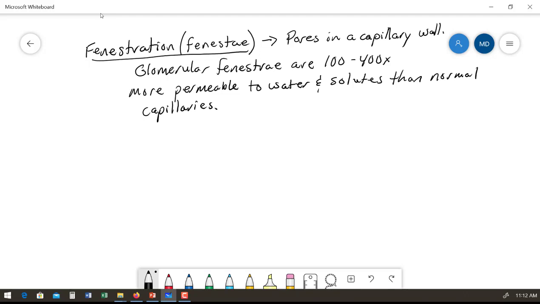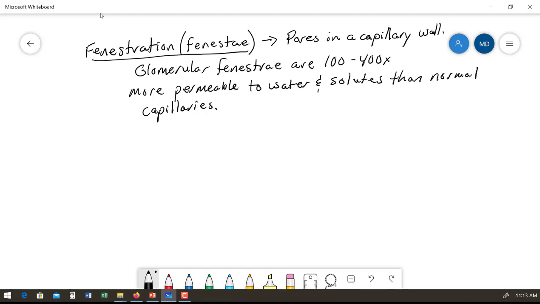Again, the holes through the walls of the capillaries that make up the glomerulus are 100 to 400 times more permeable to water and solutes than normal capillaries. This is the point I'm trying to make: this is an incredibly vacuous filtration. There's a lot of stuff that goes through this filtration, unlike other capillary beds in your body.